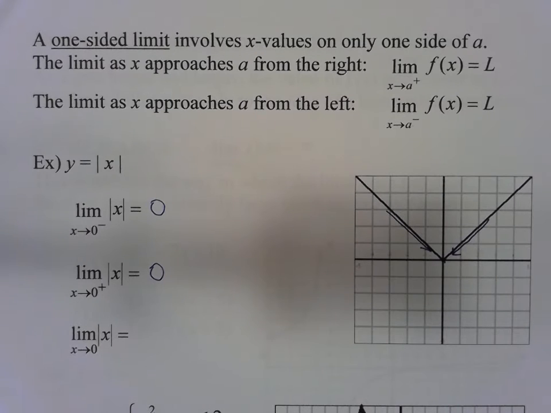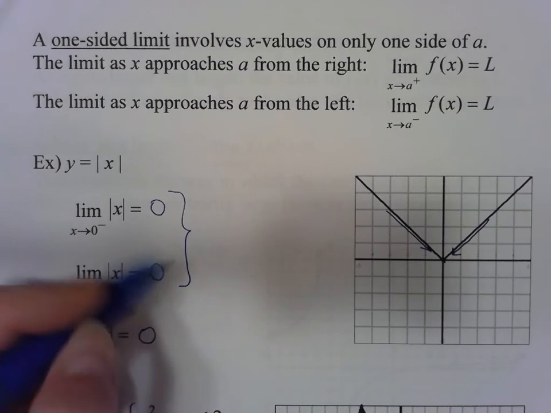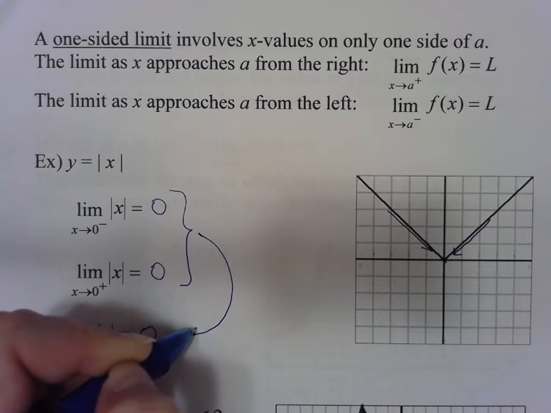If the limit from the left and the limit from the right are the same, then we can say that standard limit that's not one-sided exists because we're approaching the same number from both sides. And so in general, the limit as x approaches 0 is 0. We have to have these two in order to get this value.